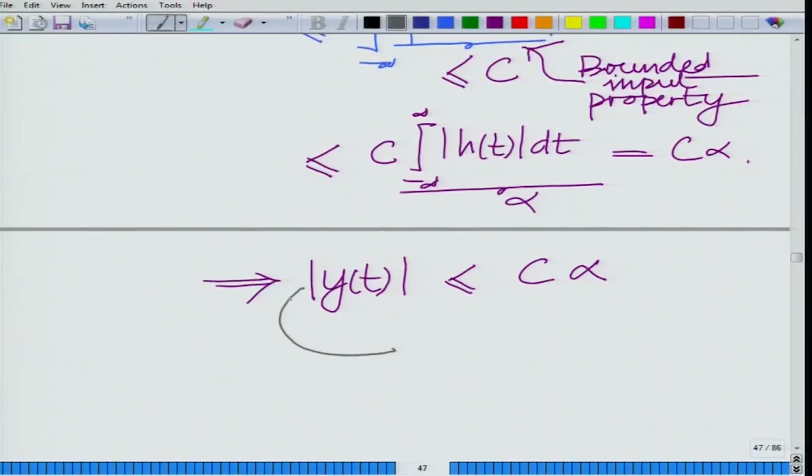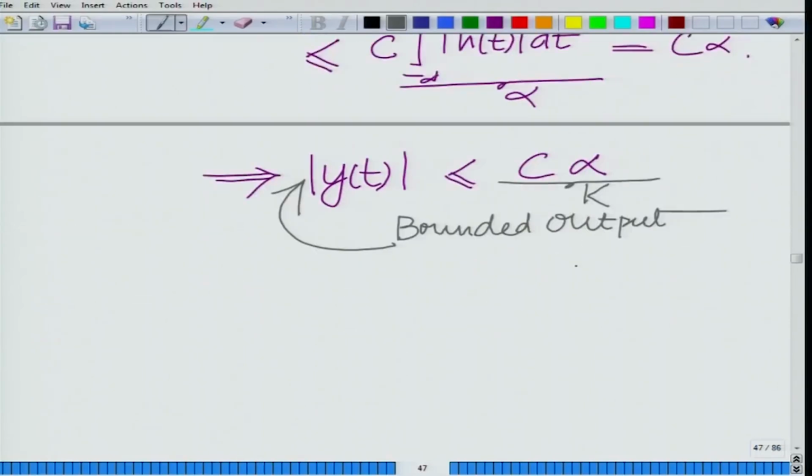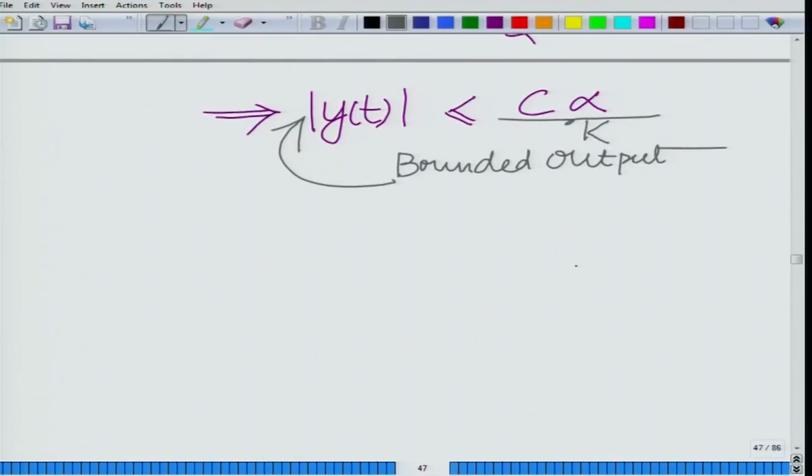So what we have been able to demonstrate is that if the integral from minus infinity to infinity of magnitude h tau d tau is a finite quantity, then every bounded input will produce a bounded output for the LTI system. So this output magnitude y t is a bounded output, and this is your constant k that we talked about initially, magnitude y t less than or equal to k. So any bounded input produces a bounded output.